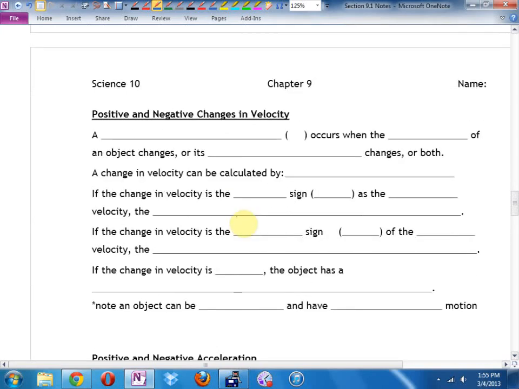Turn the page. So you ready? And then I wrote a big blank, and then in brackets I have room for a symbol. I'm going to try writing the symbol first, and if you know what the symbol means, you can fill in the blank. Delta V. Oh, change in velocity?